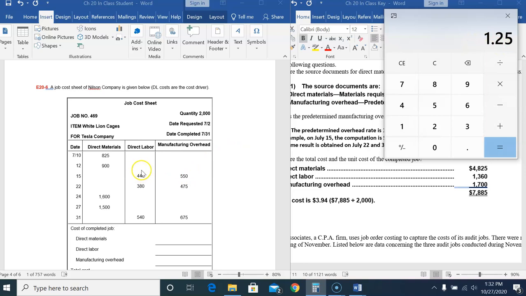In other words, I used the $440 in direct labor cost multiplied by the predetermined overhead rate to get the amount of overhead applied. The same thing would occur here. Total applied overhead was 475.